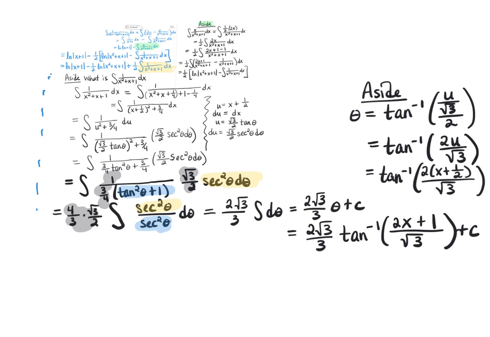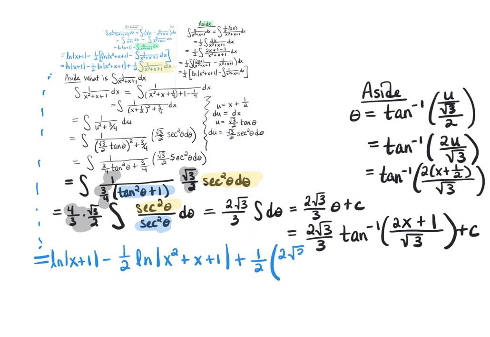So using this aside, we get that our integral is the natural log of the absolute value of x plus 1 minus 1/2 times the natural log of the absolute value of x squared plus x plus 1 plus 1/2 times 2, the square root of 3 over 3, tangent inverse of 2x plus 1 over the square root of 3.